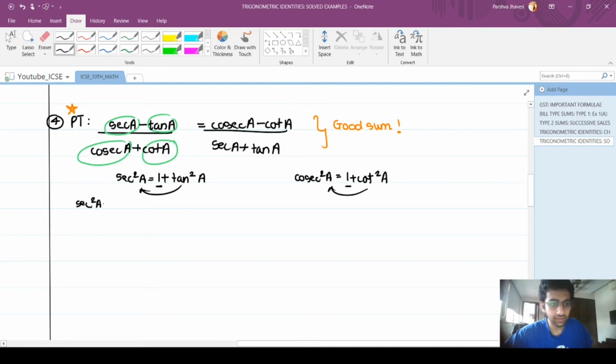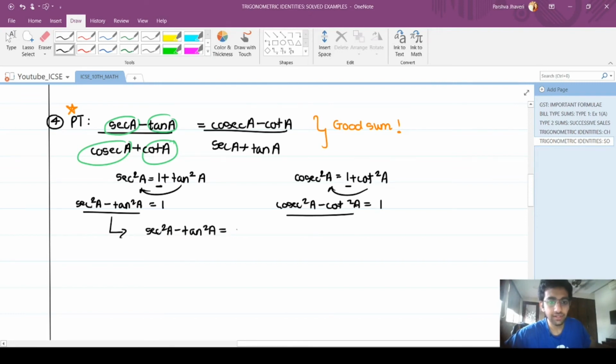So I'll get sec square A minus tan square A is equal to 1, and cosec square A minus cot square A is equal to 1. Now since both are equal to 1, I can equate these two. I'll write sec square A minus tan square A is equal to cosec square A minus cot square A.